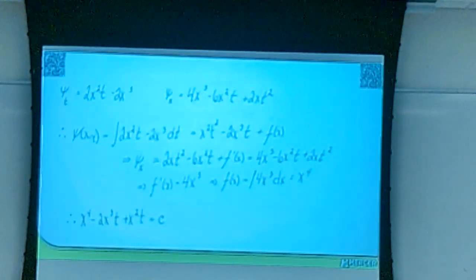So that's the idea behind exact equations and solving them. Any questions on that?